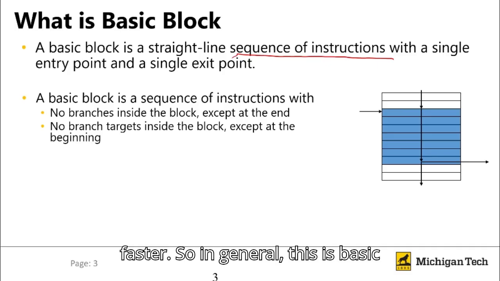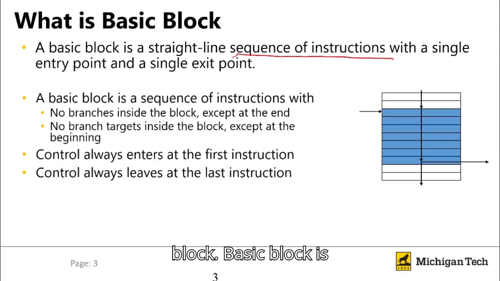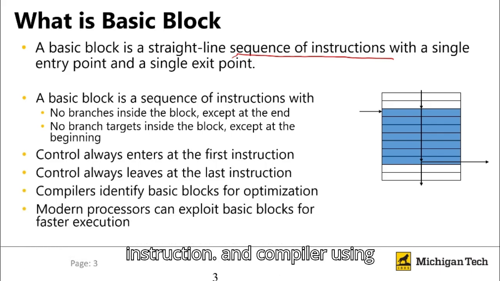So in general, this is a basic block. In a basic block, control always enters at the first instruction and always leaves at the last instruction. And the compiler uses that for optimization.